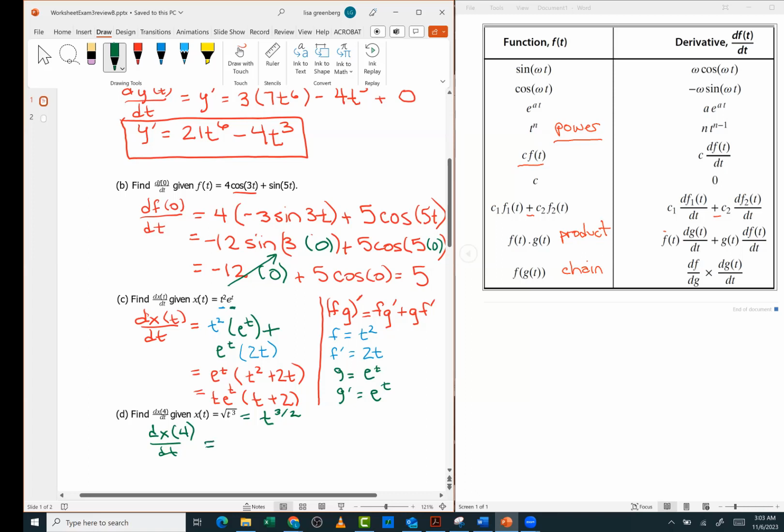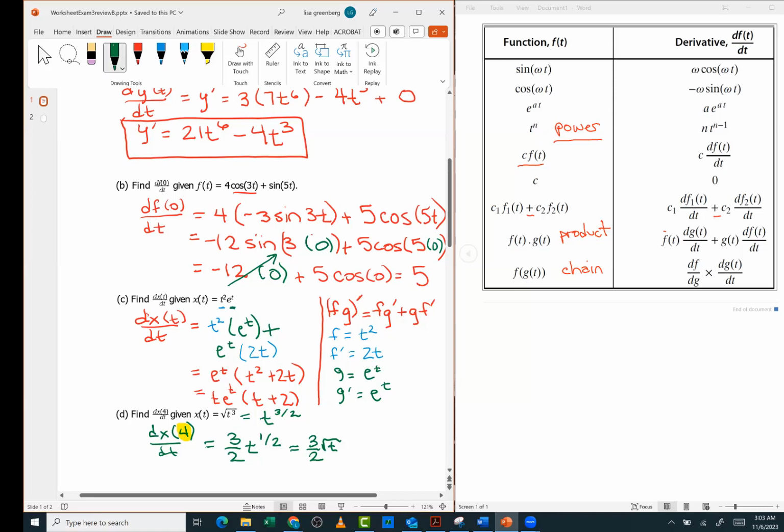This is equal to 3/2 times t to the 1/2 power, which is the same as 3/2 times the square root of t. Now it's asking us when t equals 4.